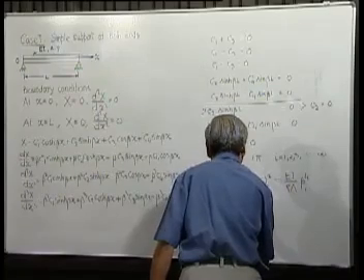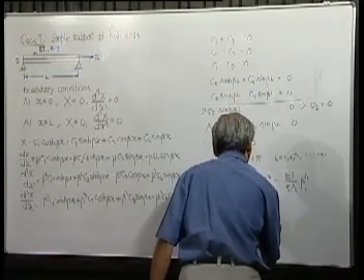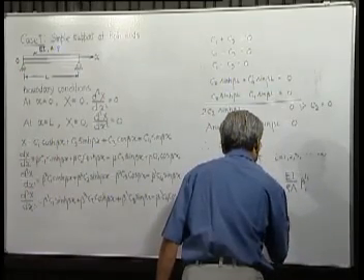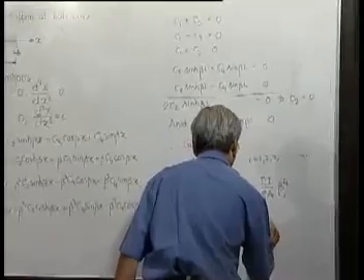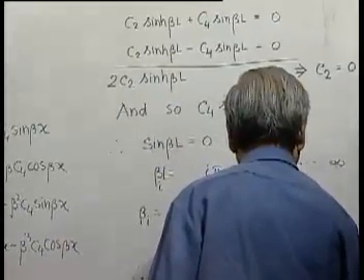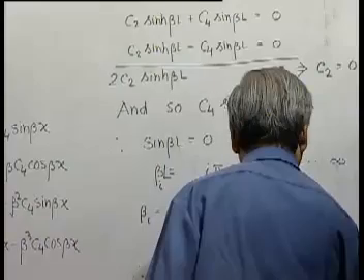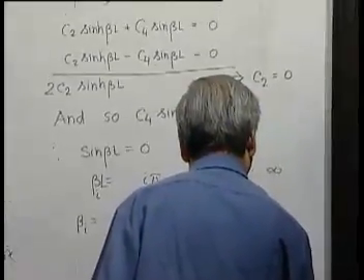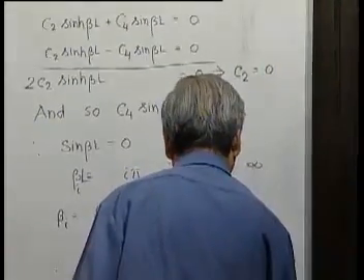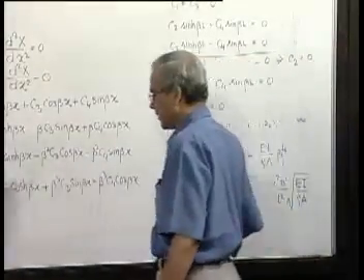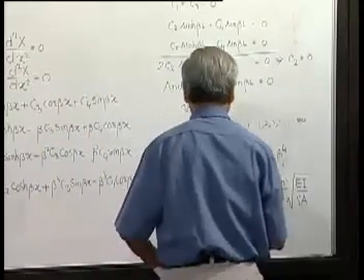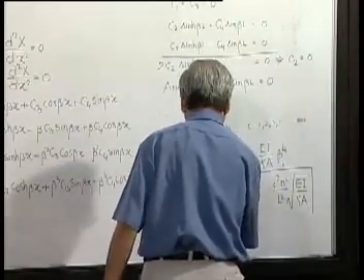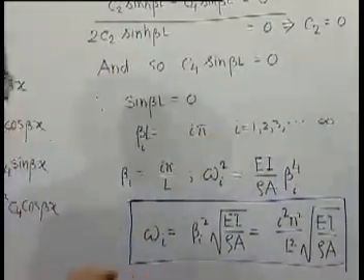So omega I will be beta I square times square root of EI by rho A. Now beta I square is nothing but I square pi square by L square. So this is the expression which gives us the natural frequency of a simply supported beam in its lateral vibration.